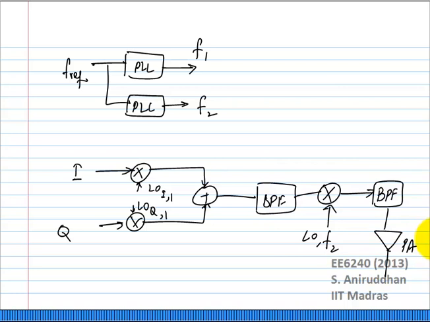I can do two levels of mixing. This is like a heterodyne transmitter where F1 and F2 are not directly related to FT, okay? Because the PLLs and the PA are operating at different frequencies, the chances of pulling are much lower.